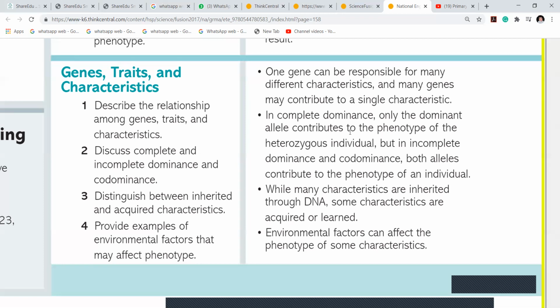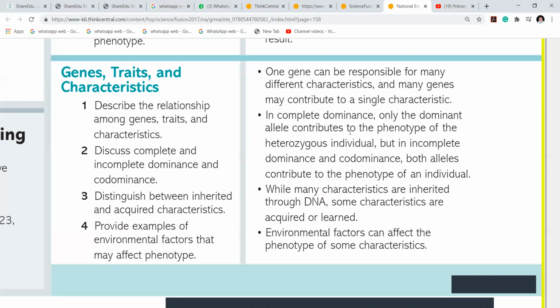Malak. Distinguish between inherited and acquired. Again, guys, I will say inherited is from the parents. Acquired, yesterday you gave me examples like reading, like dancing. Those are acquired.